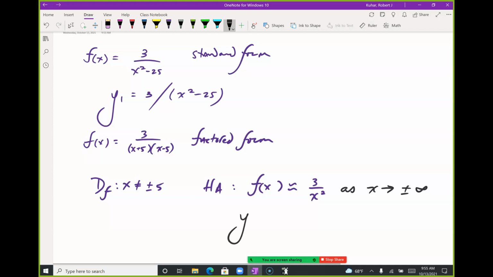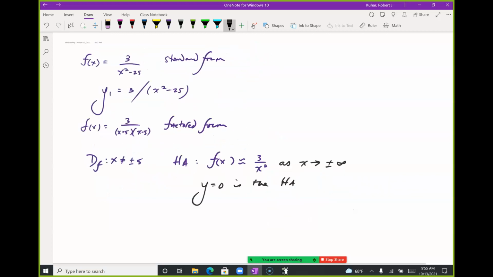So y equals 0 is the HA. And if you remember, when the denominator dominates, we're going to have a horizontal asymptote of 0. When the numerator dominates, it's going to be an oblique or a quadratic or a cubic, etc. When the numerator and denominator are of the same power, we're going to get the ratio of the leading coefficients.